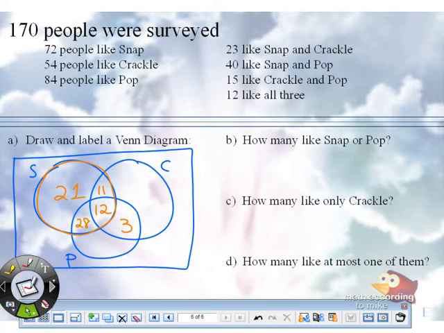Questions on that? Okay. Moving over to the Crackle circle. We're only missing 1 number now. So all 4 of those sections will add up to what number? 54.